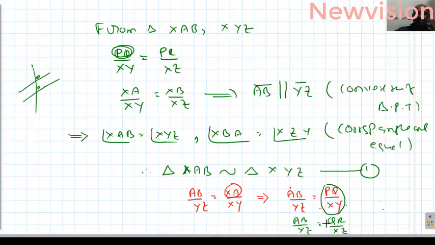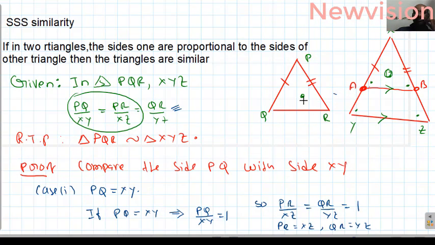YZ, not XZ. QR by YZ. Now observe, students, interesting step. These two get cancelled. So AB equals QR. Now this is important. AB equals QR. Now I will show you in the diagram. What I got? AB equals QR. Already PQ is equal to XA, our assumption. PR equals XB, our assumption. Now you got QR equal to AB, which means these two triangles are congruent.